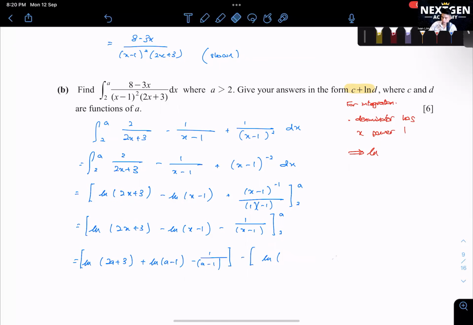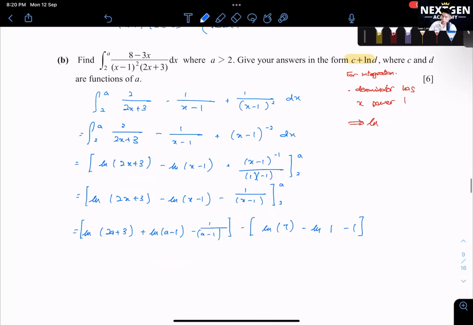This one will be ln 7 minus ln 1 minus 1. Ln 1 is 0, so we just open out the bracket. Wait, one of my symbols here is wrong. Then minus 1 over a minus 1 minus ln 7 plus 1.